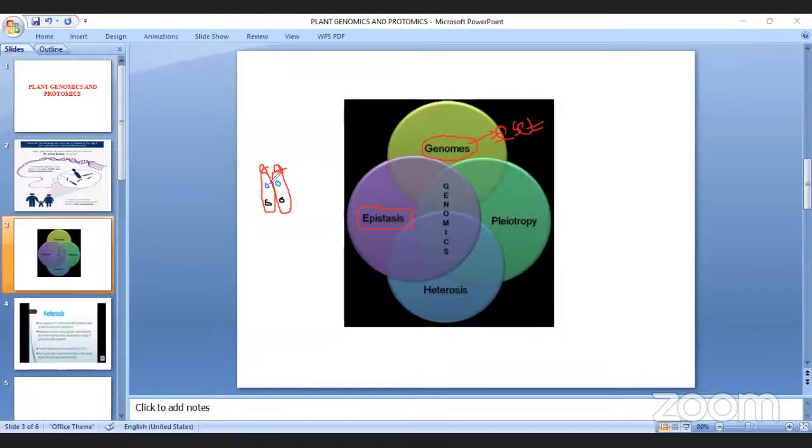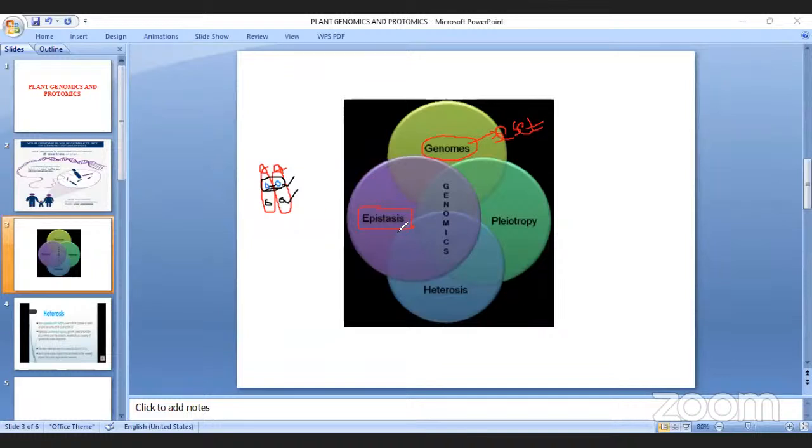In genetics and genome, we discuss only the same locus on the chromosome. But in genomics, apart from the same locus, we also discuss different loci. Different means blue and black. That is called gene interaction.